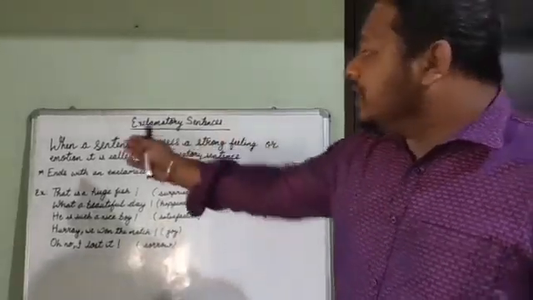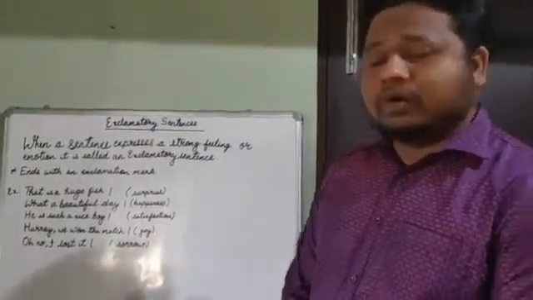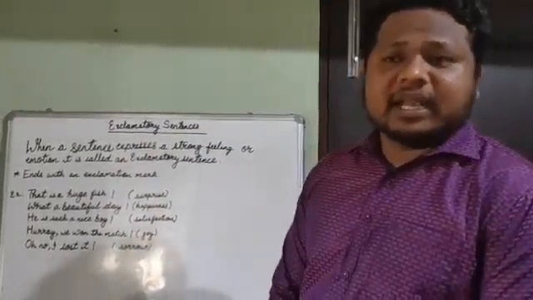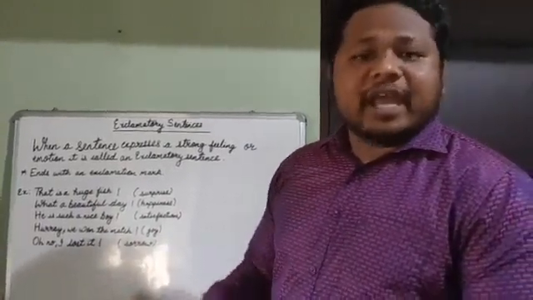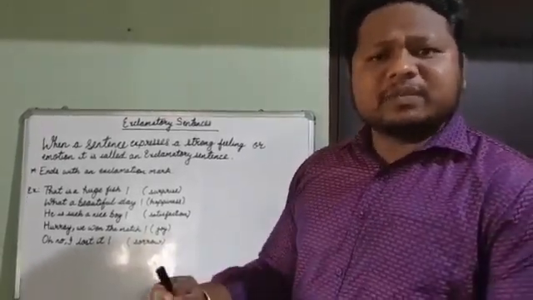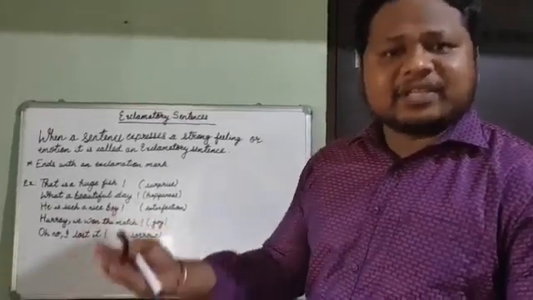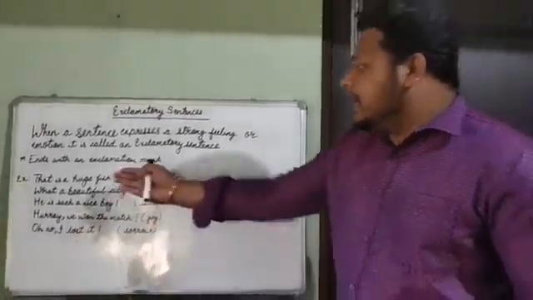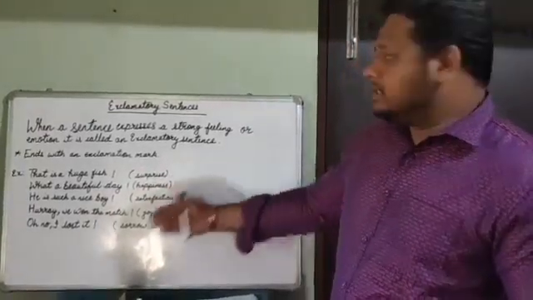Exclamatory sentences. When a sentence expresses a strong feeling or emotion, it is called an exclamatory sentence. Strong feelings like feeling of surprise, joy, happiness, sorrow, these are all strong feelings. So when we speak a sentence out of these feelings, it is called an exclamatory sentence. For example, that is a huge fish, expressing surprise.